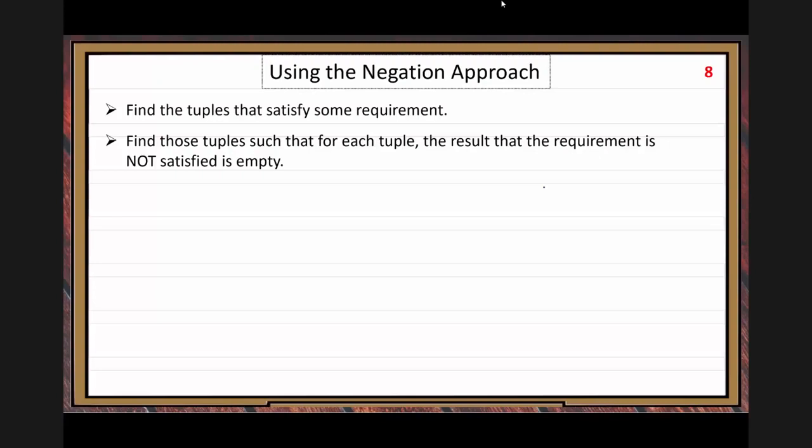So the first line, that's our original objective. But to do that, we have this negation way. So how to do it? We negate it: not satisfied is empty.